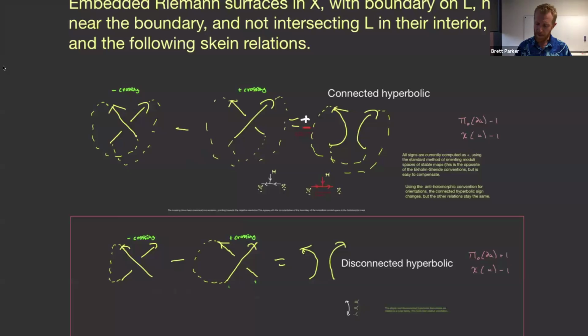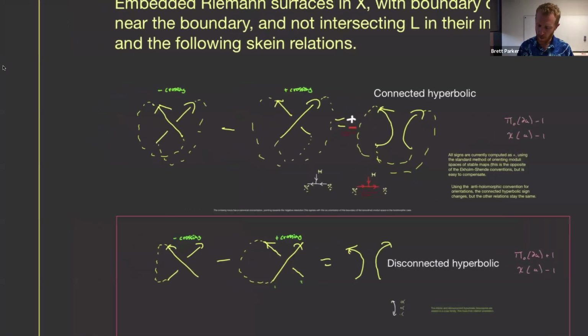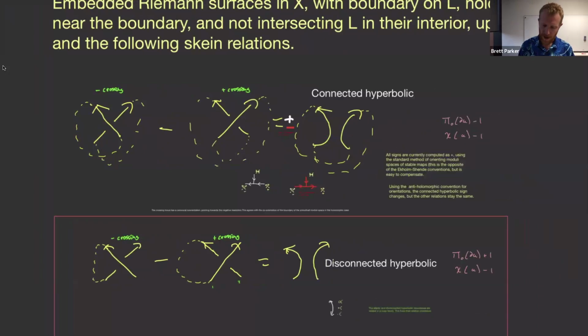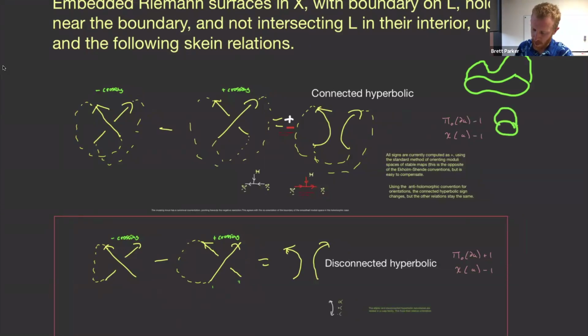In this connected case, what can happen is you can have a holomorphic curve. Here's a holomorphic curve, and here's its boundary, which I'll make look something like that. What can happen is that a boundary bubble can form a node on the boundary, and this is a boundary of the moduli space of these holomorphic curves.